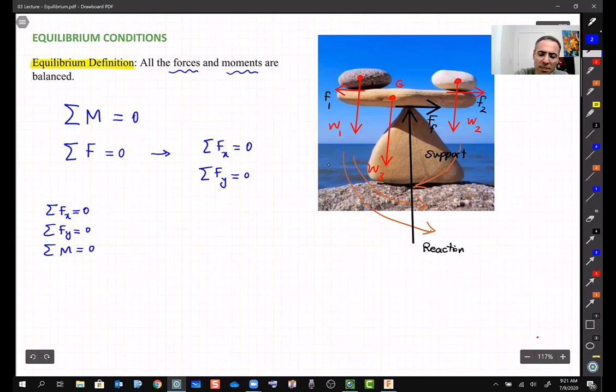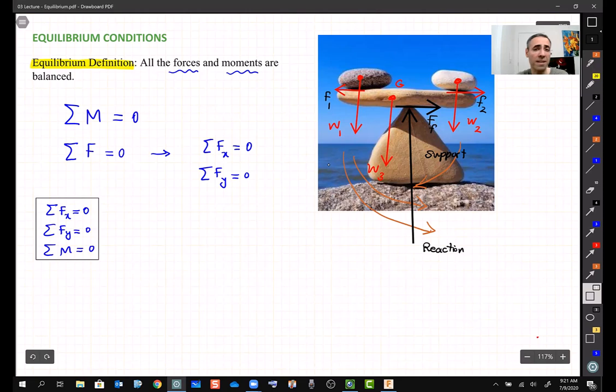These three equations are the equilibrium equations. And for the rest of this course, these are the fundamental equations that we are going to use in different problems, right?